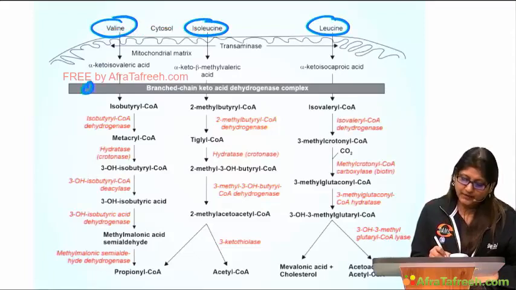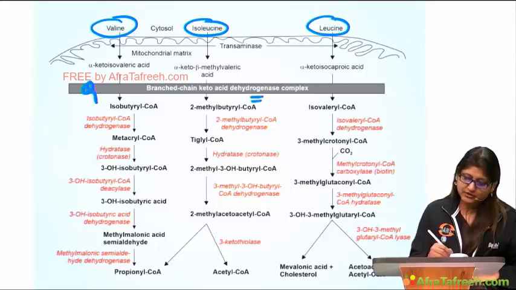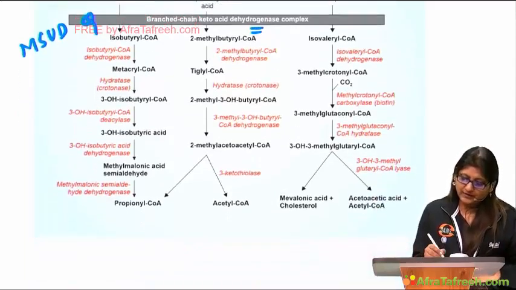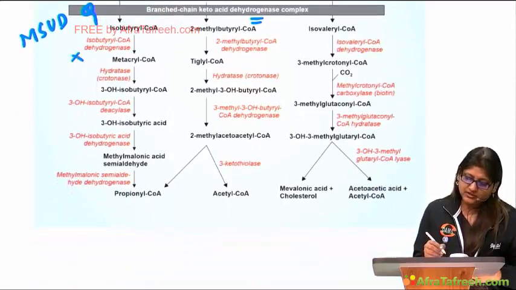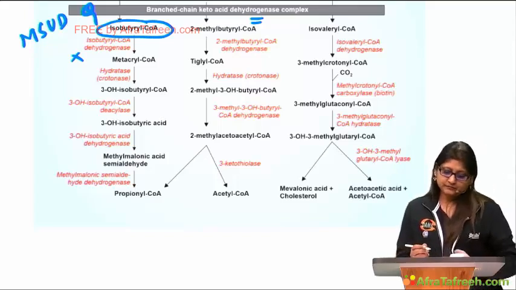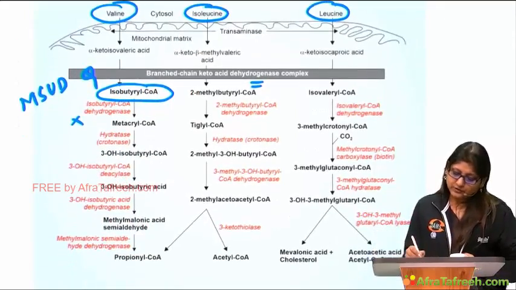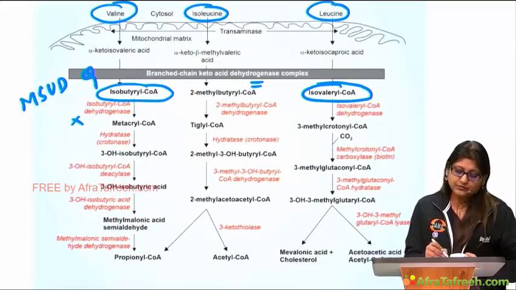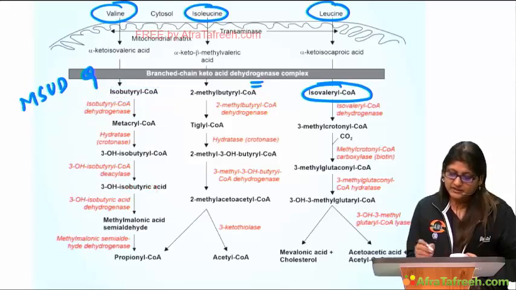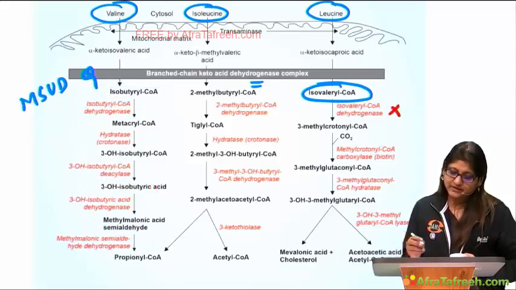You have got branch chain keto acid dehydrogenase complex, deficiency of which results in maple syrup urine disease. You have got isovaleryl CoA dehydrogenase, deficiency of which results in isovaleric acidemia. Isovaleryl coenzyme A is produced from the leucine, and deficiency of this enzyme results in isovaleric acidemia.